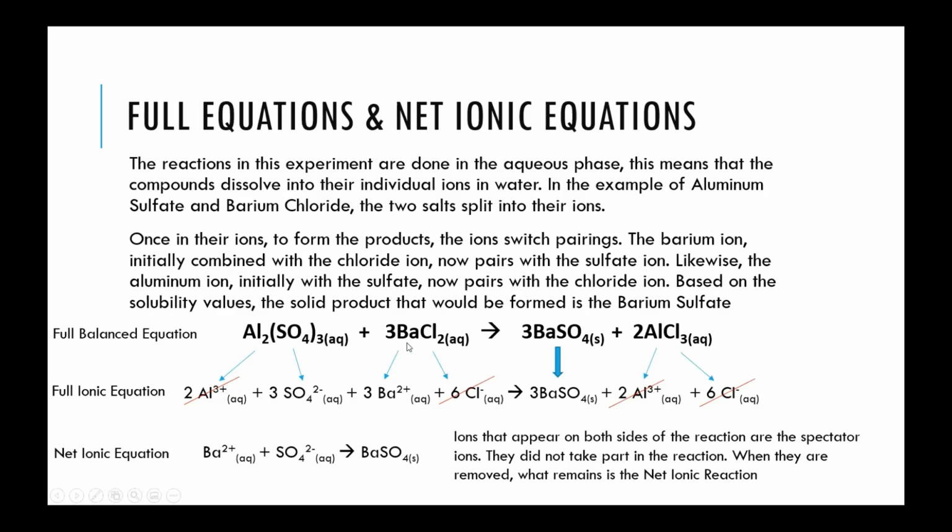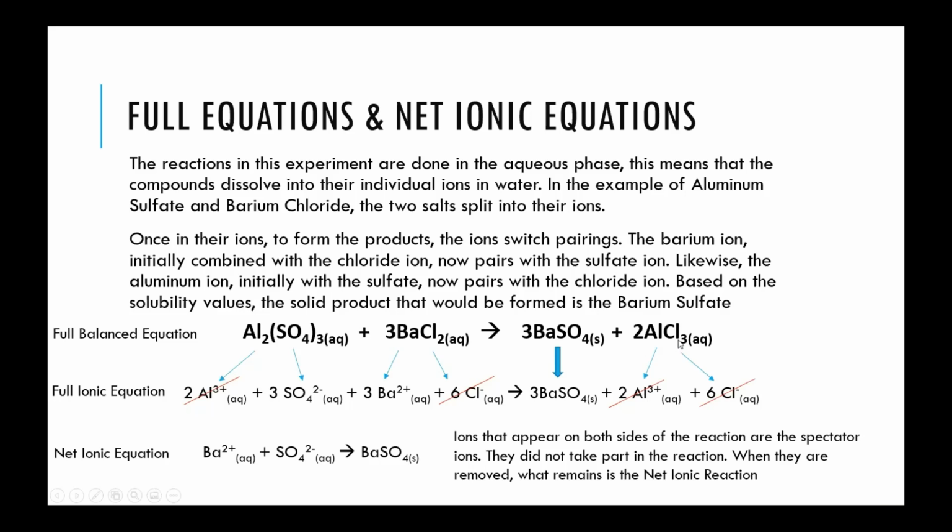The 3 barium chloride compounds that are in aqueous solution will be split apart into 3 barium ions and 6 chloride ions. Barium sulfate is the solid. This one was identified as the solid based on the solubility numbers. So this one is not broken apart into its ions. It stays the same.